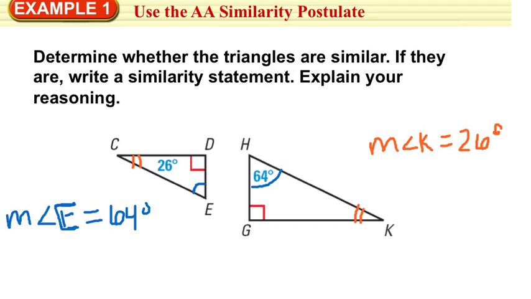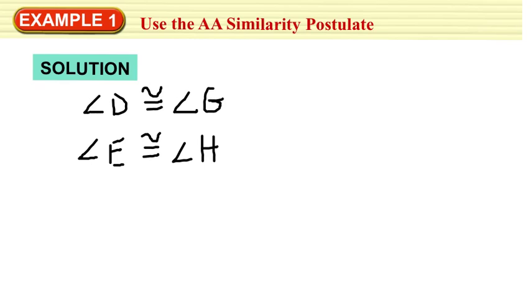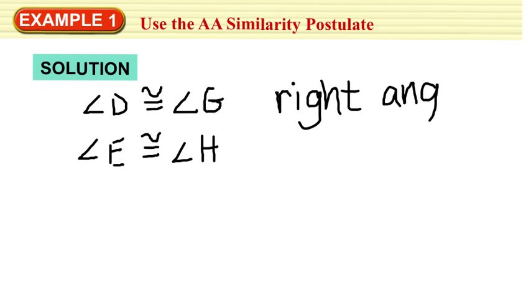Subtracting from 180, you get that the measure of angle E equals 64, and the measure of angle K equals 26 degrees. As you can see from the diagram, D and G are both right angles, so obviously that means they're congruent. And we just found the measure of angle E, which was 64 degrees, so we could say angle E is congruent to angle H.